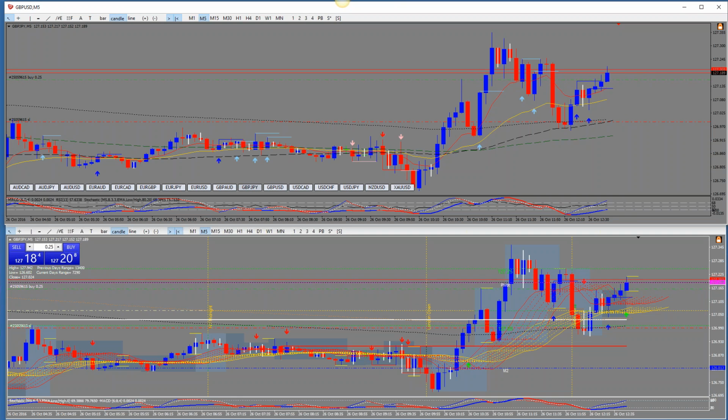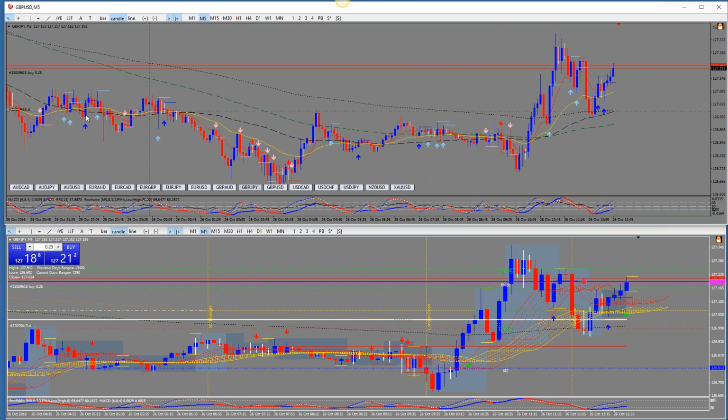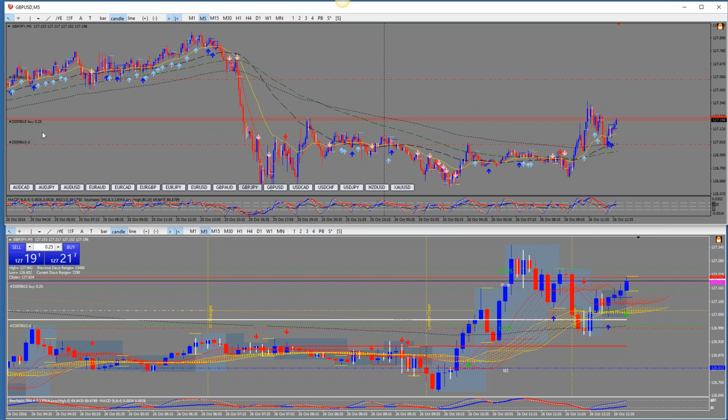Let me look at a higher time frame for a second here. Yeah, I'm hitting some resistance on the H1. Go back, pull this over a little bit. So we're hitting some resistance right in here.